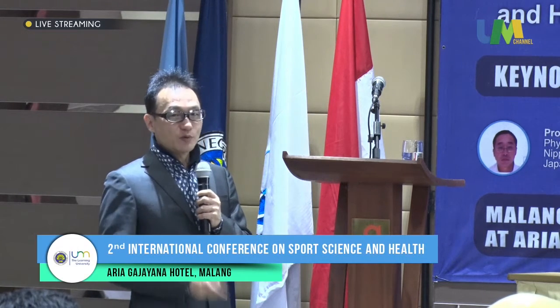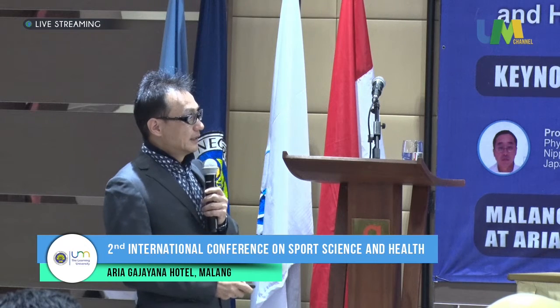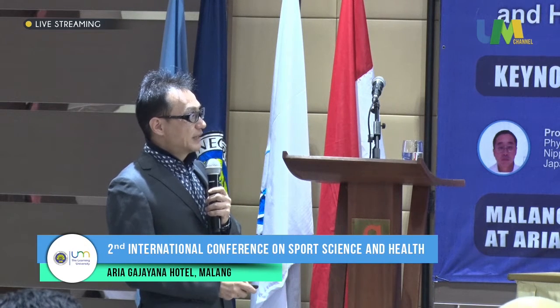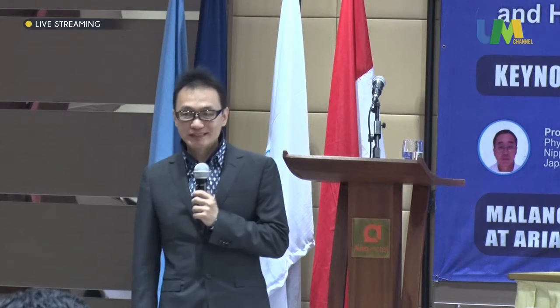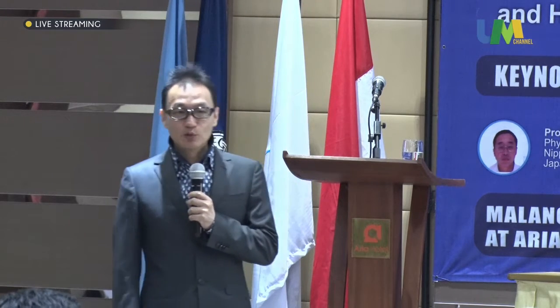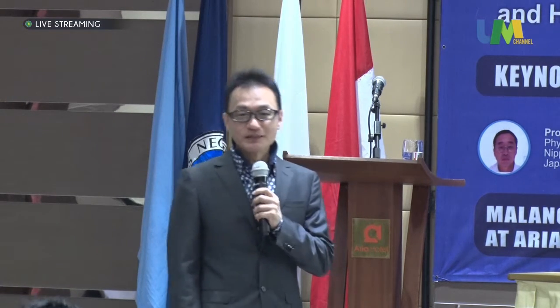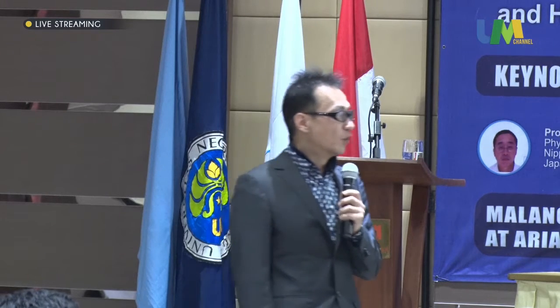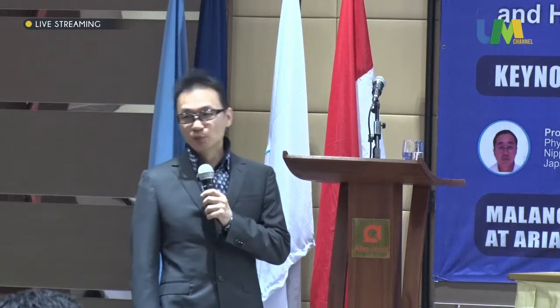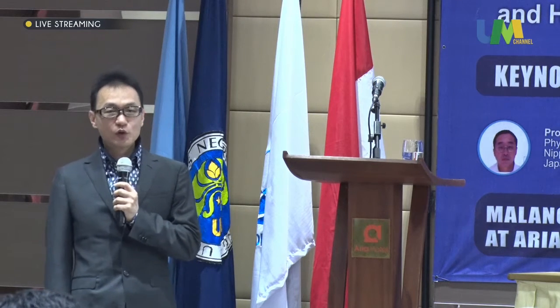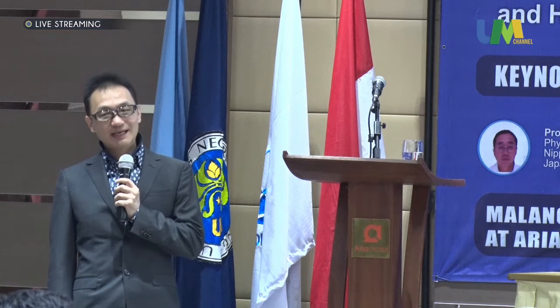When you place someone into a hypoxic condition, the muscle blood distribution is increased by hypoxia. So when more blood gets into your skeletal muscle, then when you have a meal, more is delivered to skeletal muscle. That is the major mechanism to prevent the fuel from getting into adipose tissues.